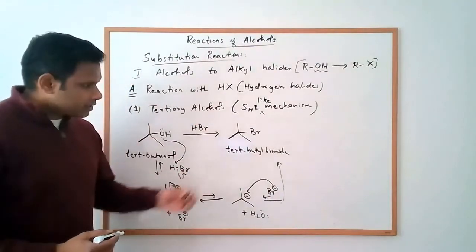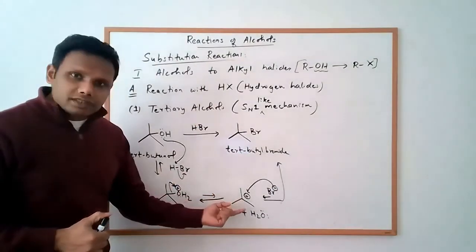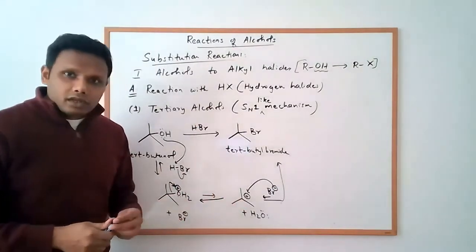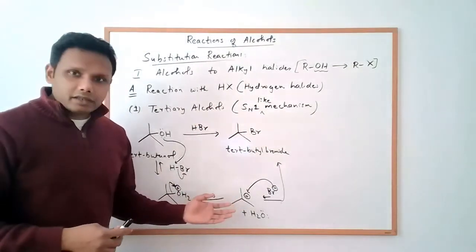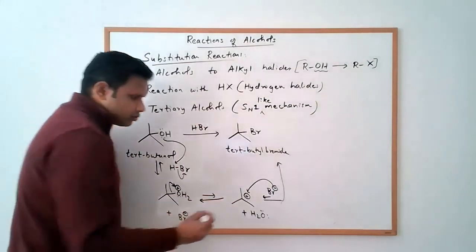Okay, so it is an SN1-like mechanism. It involves the intermediacy of a carbocation. And you want to remember that carbocations can do some crazy things, right? So there's a carbocation intermediate involved.